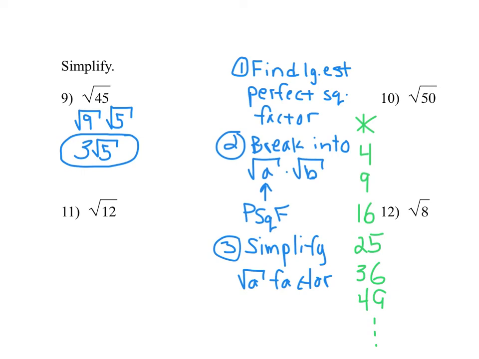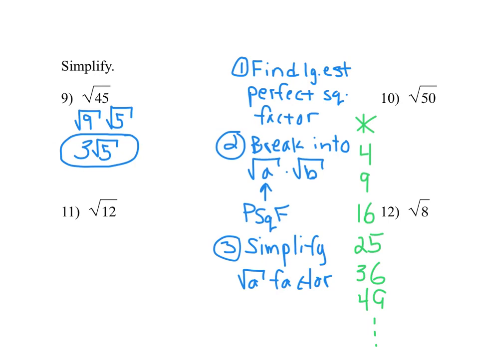Now if you went through and you actually did take the square root of 45 on your calculator, it is going to be a number that is 6 point something, and so is 3 times the square root of 5. So you can always verify that that original decimal is equal to 3 radical 5.